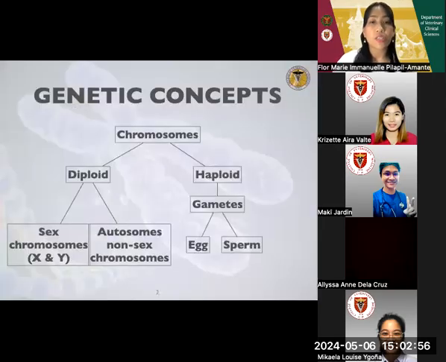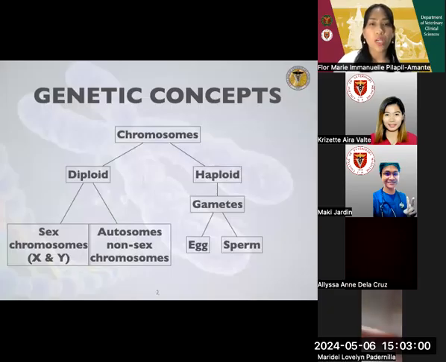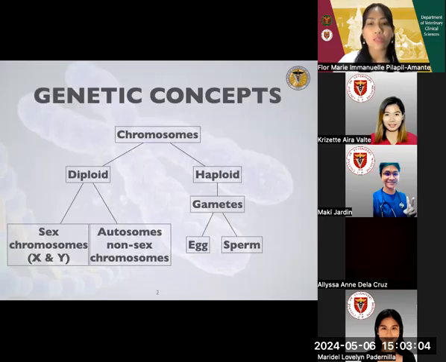Okay, let us have a review of our genetics, and we start with the chromosomes, which is a thread-like structure of nucleic acids and protein found in the nucleus of most living cells, carrying genetic information in the form of genes. So it could be a diploid or a haploid.